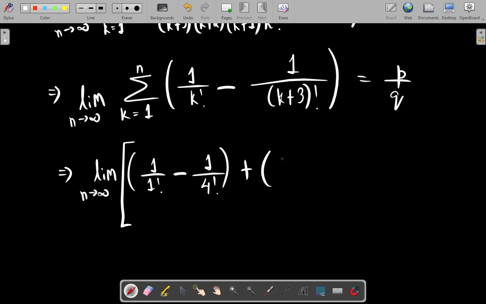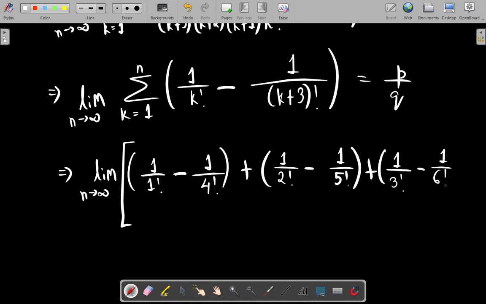Similarly, for k equal to 2, 1 upon 2 factorial minus 1 upon 5 factorial. For k equal to 3, 1 upon 3 factorial minus 1 upon 6 factorial. For k equal to 4, 1 upon 4 factorial minus 1 upon 7 factorial.